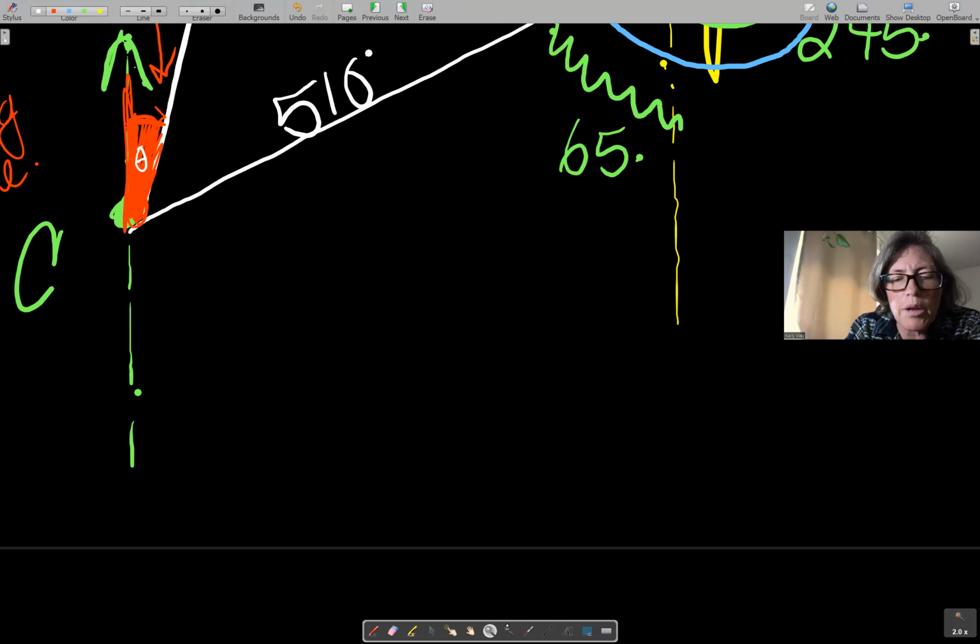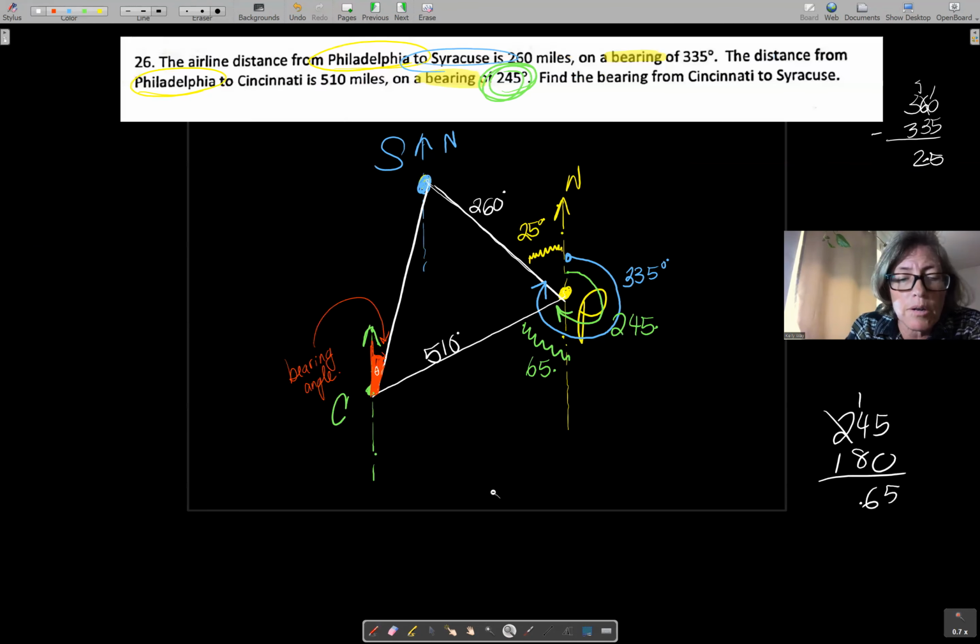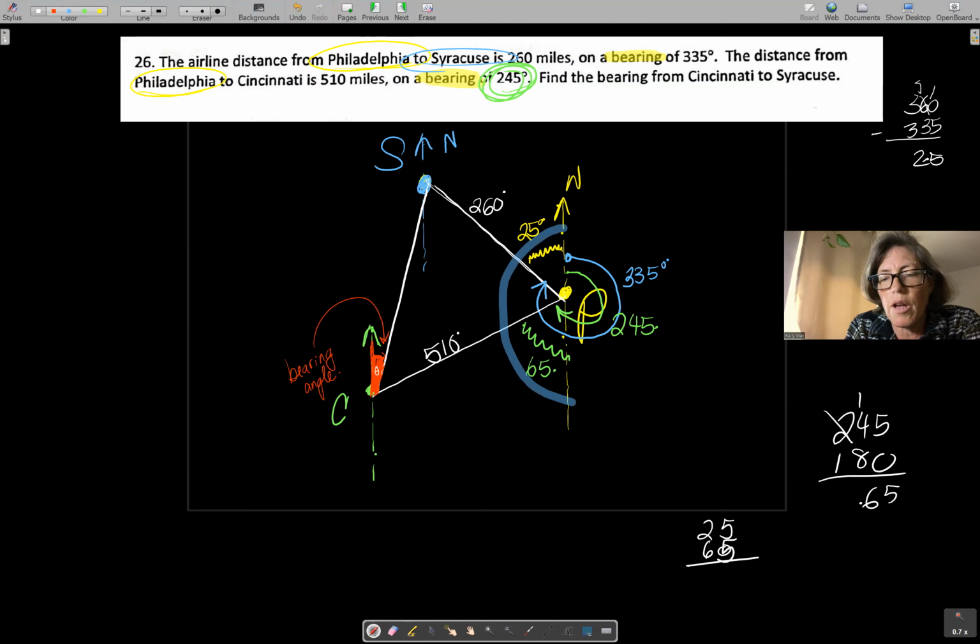Now we're going to see what other kinds of information we have here. Here's what I would call the trick to the entire problem. Look very carefully. This is 180, of course. If you add 25 and 65, 10, carry the 1, oh, looky there, 90 degrees, which implies, even though I didn't draw it accurately, that this is the magical 90-degree angle here.